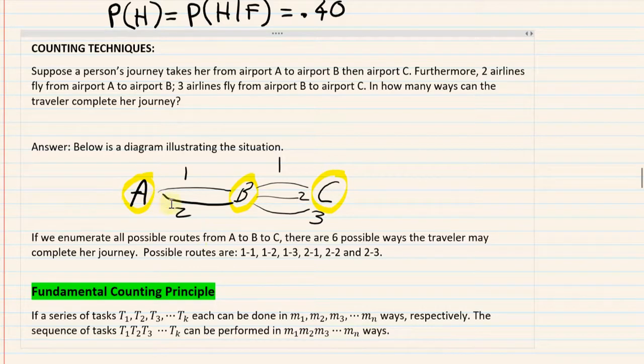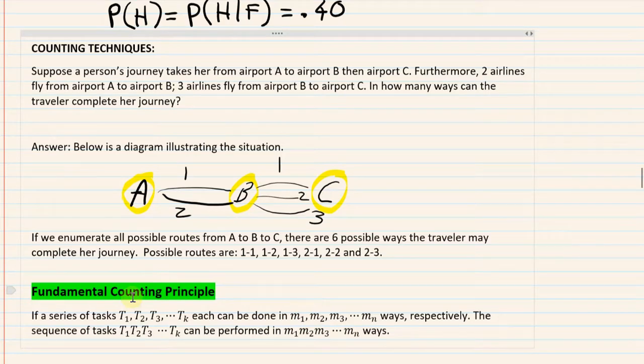In my journey, task 1 is to go from airport A to airport B. The second task is to go from airport B to airport C. The sequence of tasks can therefore be done in M1 times M2 times M3 up to Mk ways.